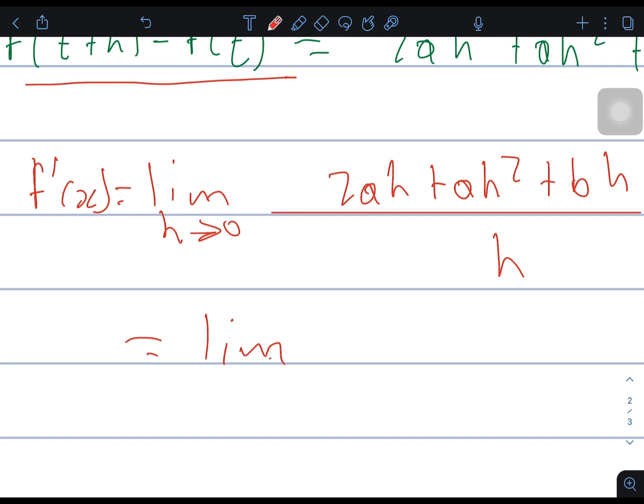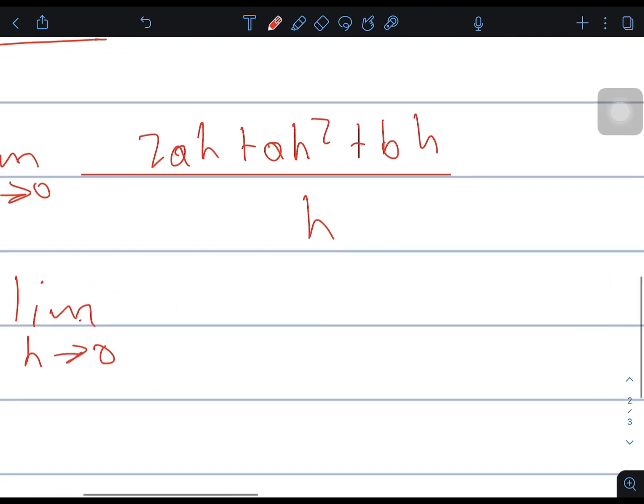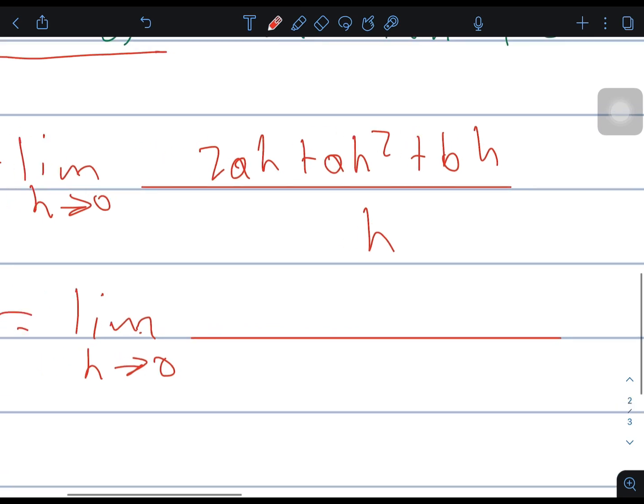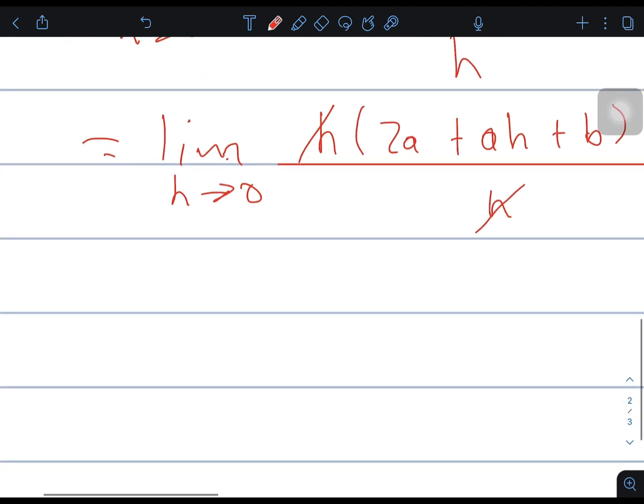Limit as h approaches 0. We will have h outside: 2a plus ah plus b, over h. So the h's cancel each other.